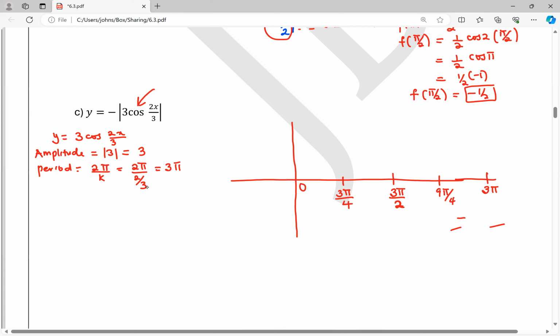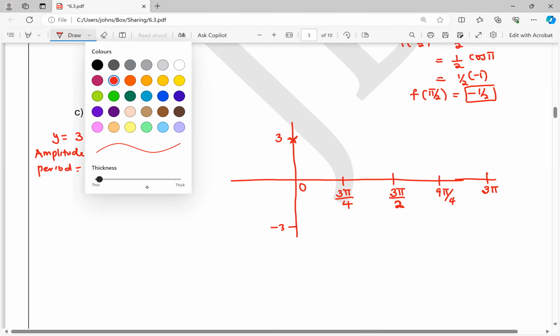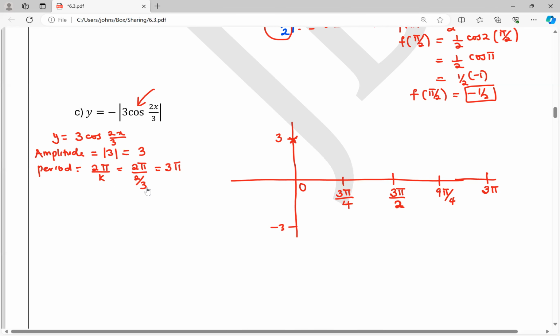Okay, now what we can do is take the maximum point here, which is going to be 3, and the minimum is minus 3. And with the graph of cosine, we just need to start from the top, right? We just need to start from the top here, and we're back here.